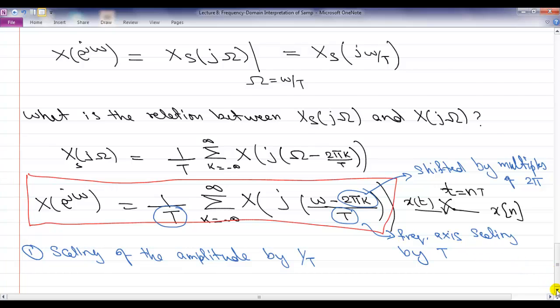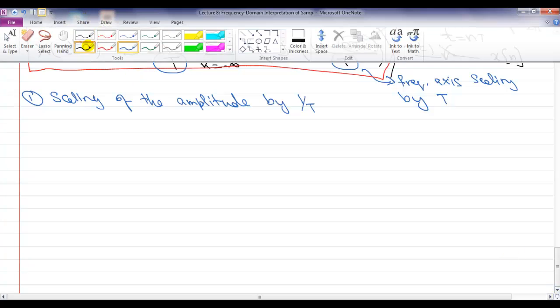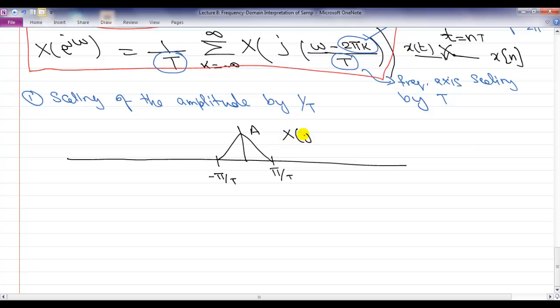So if we are given, let's draw the typical diagram. If we are given this signal, and let's assume that this is pi by T, and the height is A, this is the Fourier transform of my input signal, and I sample it.